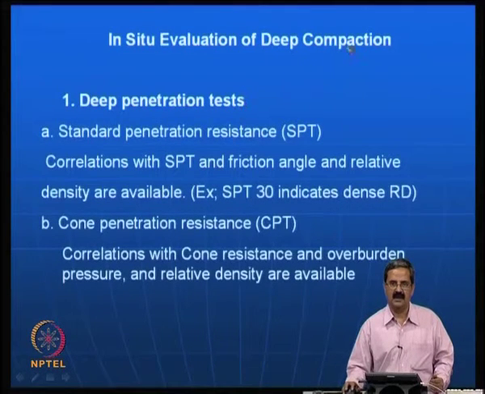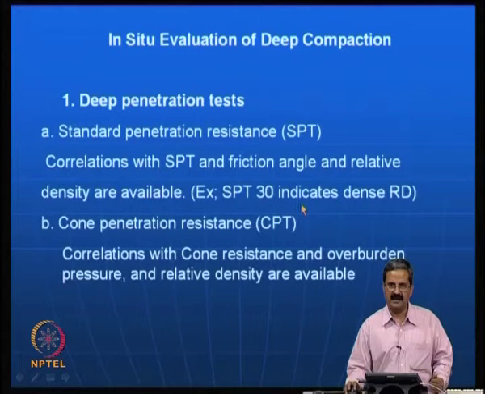For example, you are familiar with the SPT test, a penetration method, where we get the standard penetration resistance. The advantage is that you have correlations between SPT and friction angle and relative density. For example, if the SPT value is 10 or 15, you can say what the friction angle is and what its relative density is.